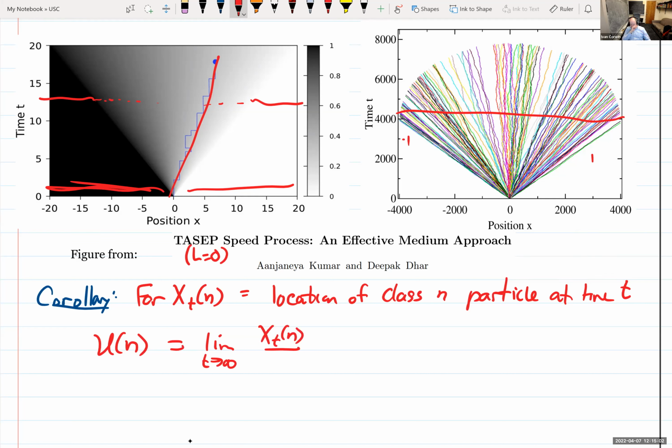In principle, I should take a little offset by n, but if n is fixed, that goes to 0 divided by t. This limit exists almost surely for all n in the integers, because we can take a countable intersection of these almost sure limits. And this n-indexed process, which keeps track of the speeds of each of these particles, is what's called the ASEP speed process.